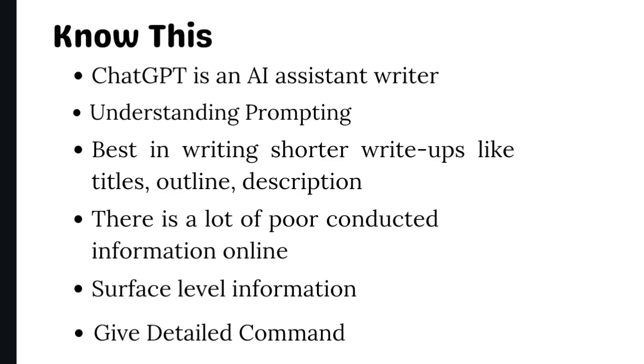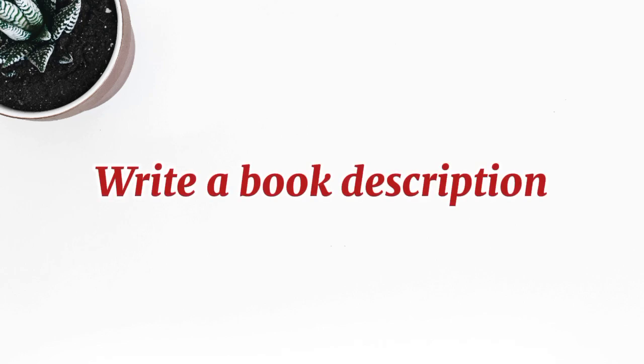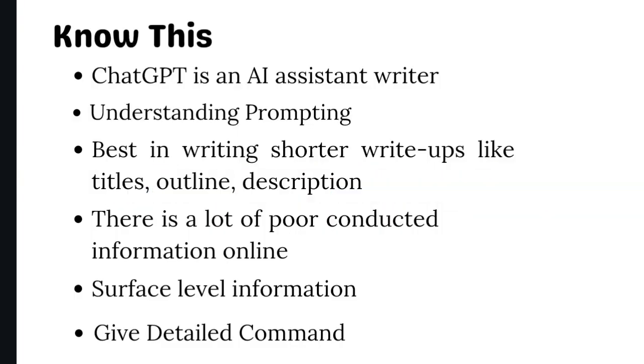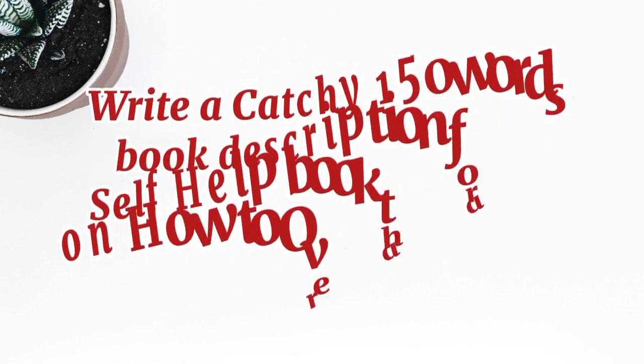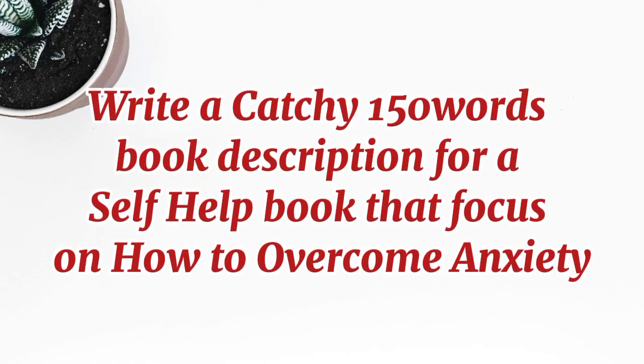For example, instead of just saying write a book description, you rather want to be more specific. If you want to make wise use of ChatGPT, you need to be more specific by doing what? Write a catchy 150 word book description for a self-help book that focuses on how to overcome anxieties.